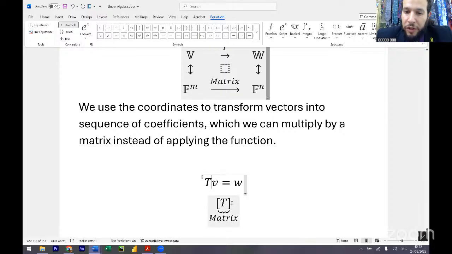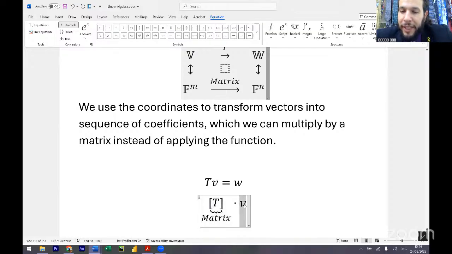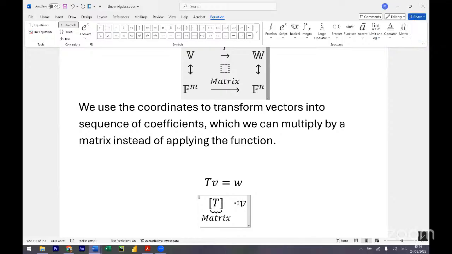We cannot multiply this matrix by the vector v, because we cannot multiply a general matrix by a general vector. But what can we multiply the matrix by? Not the vector itself, but just coefficients from the field.